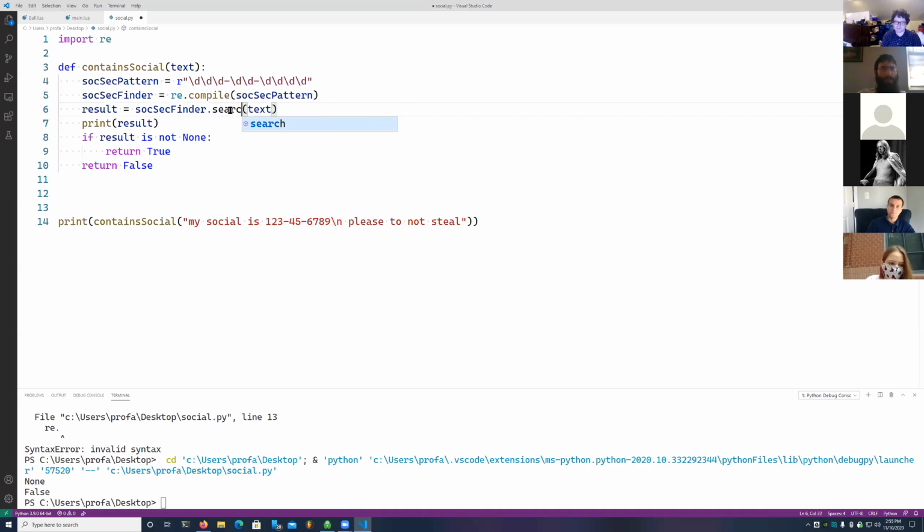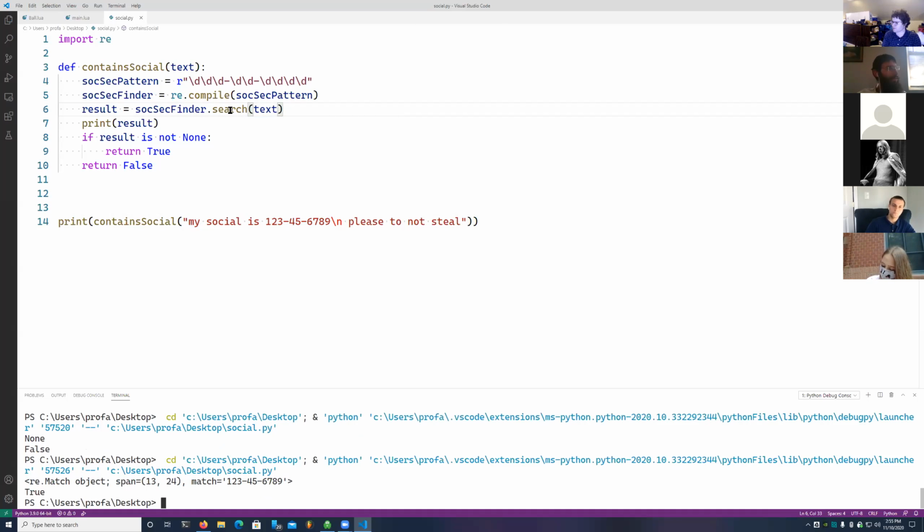So search is a bit more useful because it's more like contains. Does it have this anywhere in there? And we can see it runs the same way. It finds the first one and it's done.